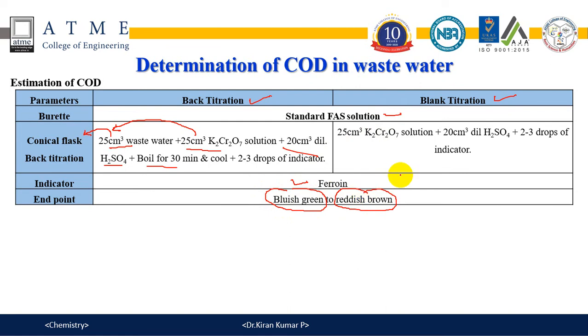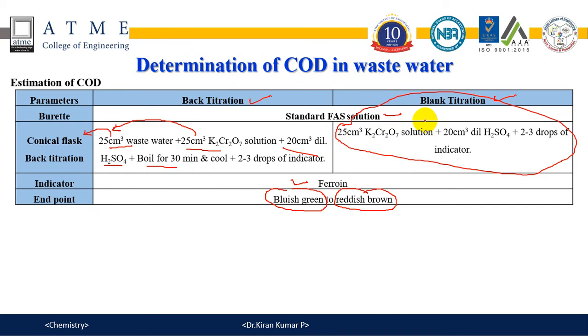If you compare the back titration and blank titration, here the sample is missing, right? We have not added the 25 cm3 of sample here. This is a blank. Without adding the sample, we carry out the titration.